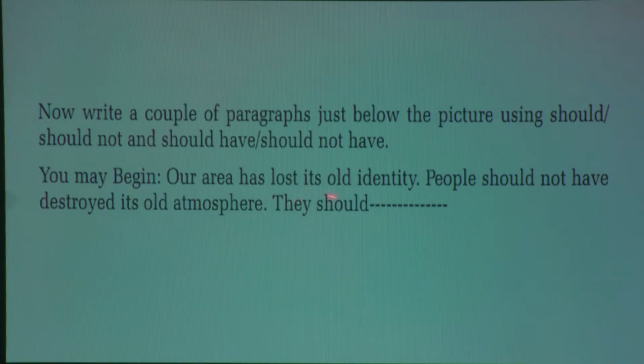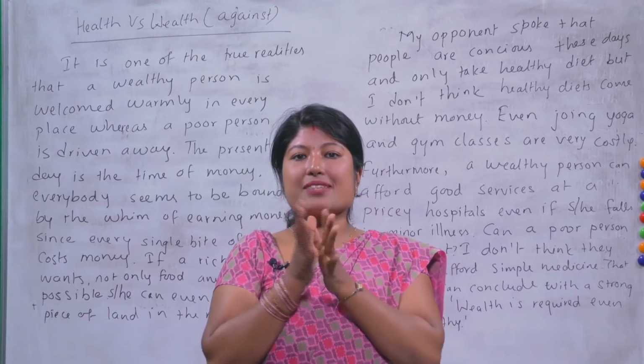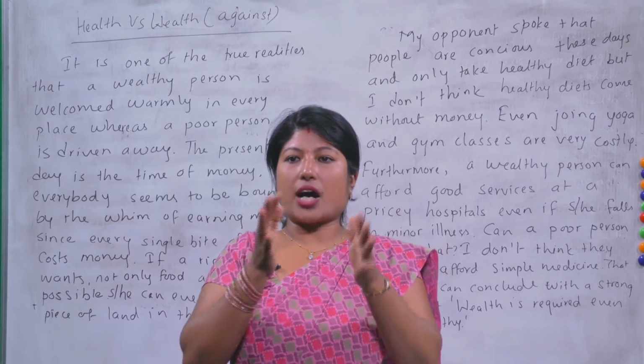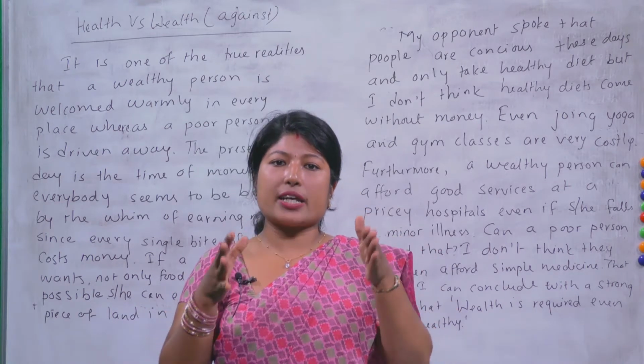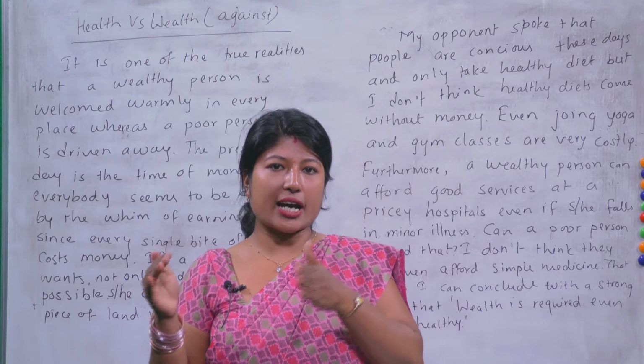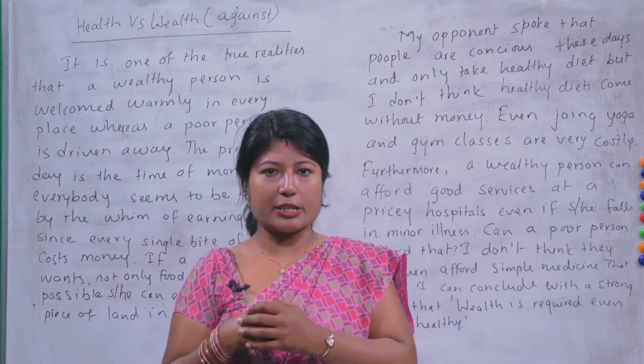You may begin like: our area has lost its old identity. People should not have destroyed its old atmosphere. So you can continue writing about what has been affected, like our areas. People should have protected the old identity of our city.